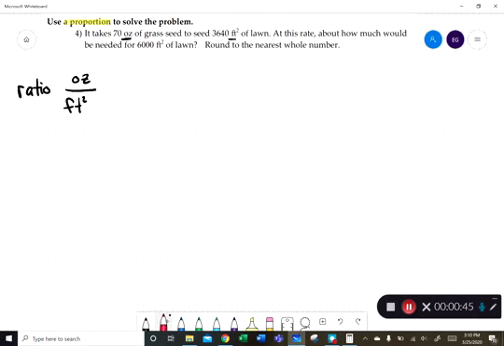We're given one pair of numbers, which is actually a ratio: 70 ounces goes with 3,640 square feet.